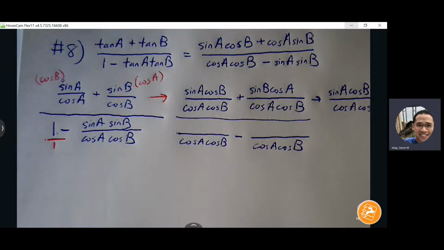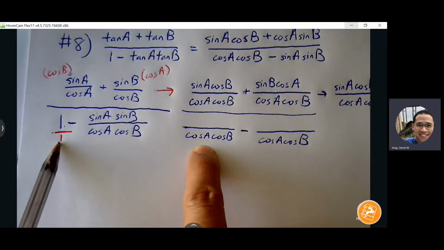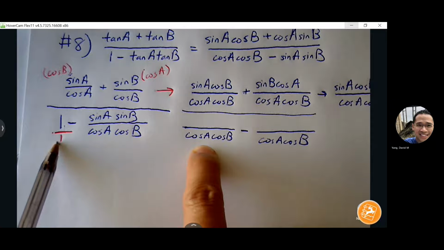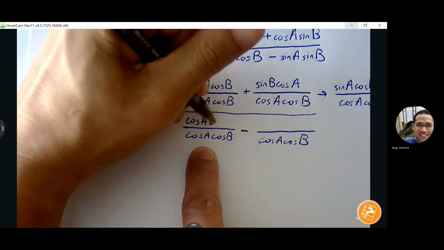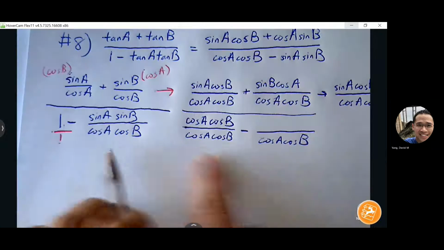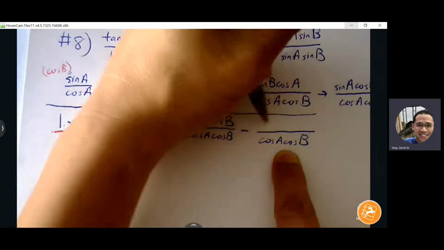All right, I need to balance my first fraction here. What's my numerator going to be? Cosine A cosine B, right? Any adjustment needed here? No, just going to be the same.